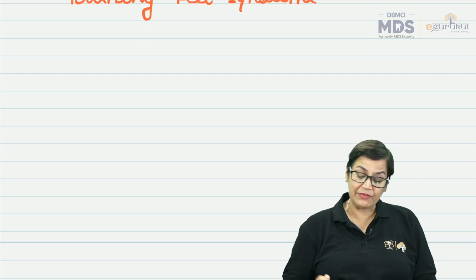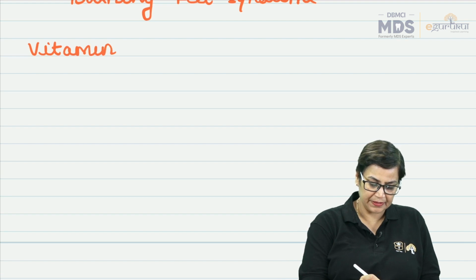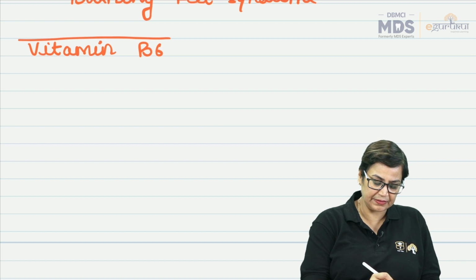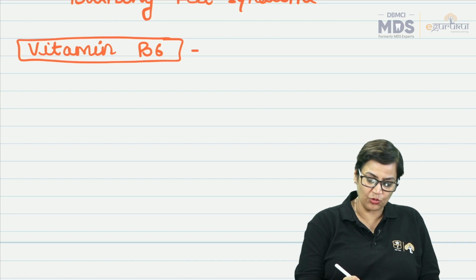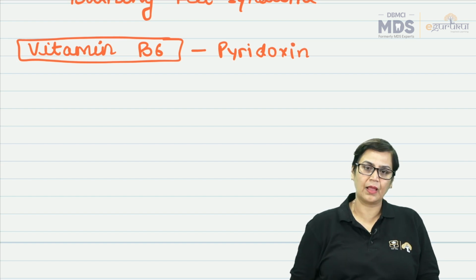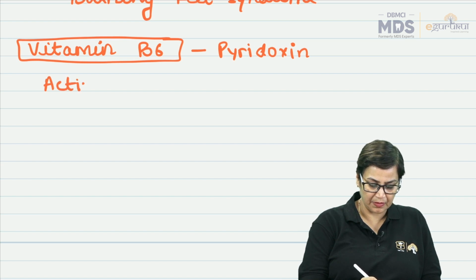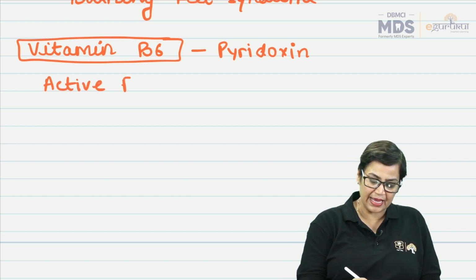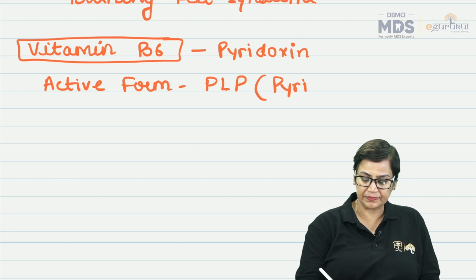Then after B5 comes vitamin B6. Now B6 is also known as pyridoxine. But if we look at the active form of B6, the active form is known as PLP, which stands for pyridoxal phosphate.